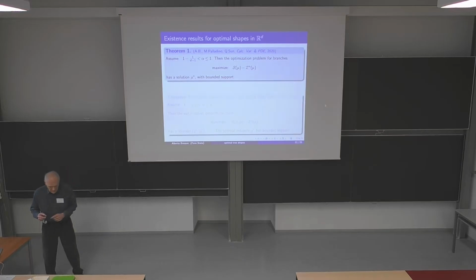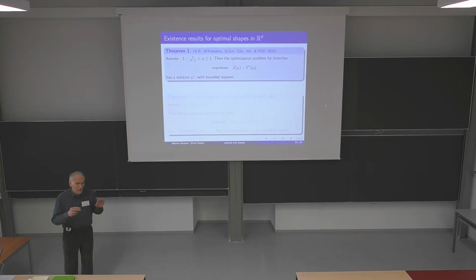Okay, so let me briefly state some existence results. I don't have much time here. The first is about the optimization problem for branches. Assume that d is the dimension of the space, and alpha is the discount exponent. The optimization problem for branches, maximizing the sunlight functional minus the irrigation cost, has a solution mu star with bounded support.